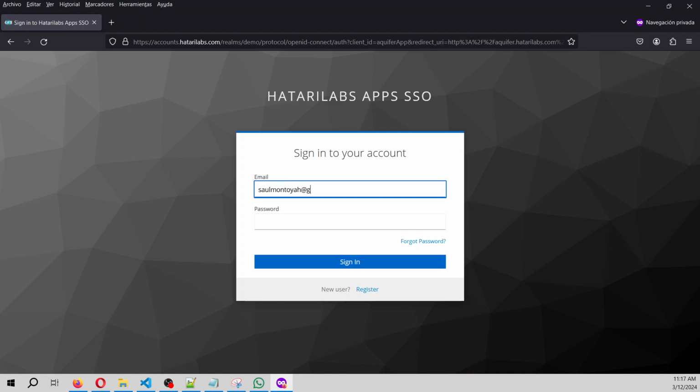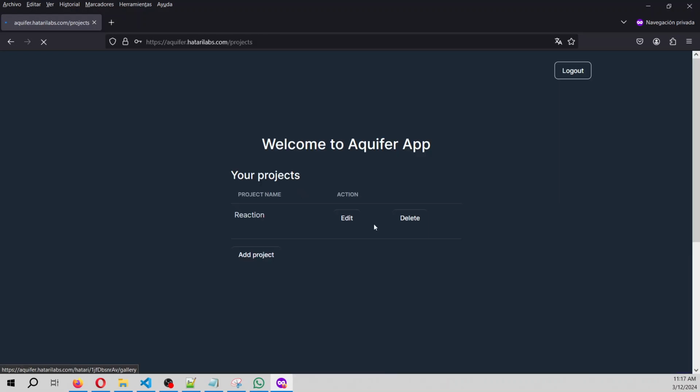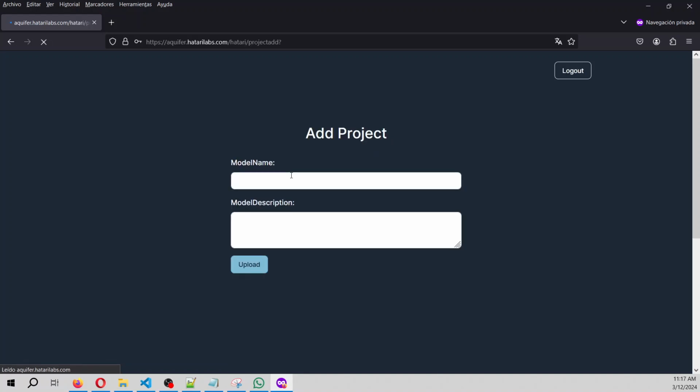For example, this is my account and my password. Then I add a project. This will be reaction, and this is rainwater. Try to keep the name of your file and the name of your project small, otherwise it will collapse. Reaction is a great name.